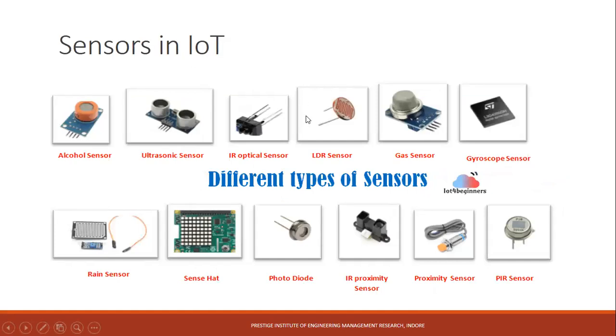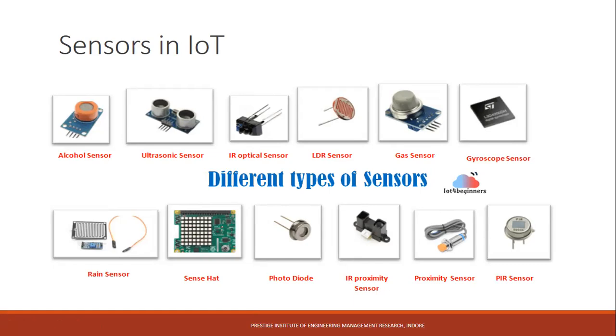Here you can see some more types of sensors: alcohol sensors, ultrasonic sensor, optical sensor, proximity sensor. This is a proximity sensor. This is a photodiode. This is a rain sensor. So these are the different types of sensors available to us that can be used in your application.